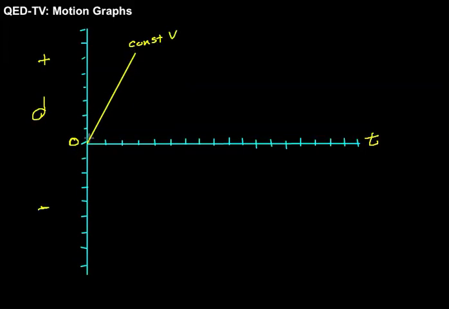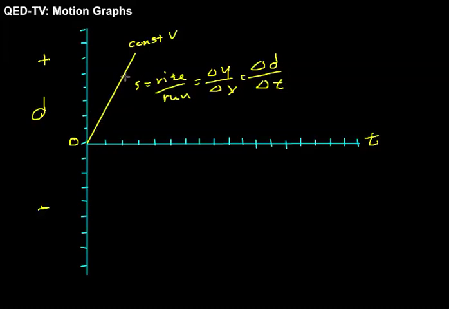And to figure out what the velocity of that line would be, you would take the slope of this line. We know the slope is rise over run. That would be change in y over change in x, which in this case would be change in displacement over change in time, which we know is the equation for constant velocity.